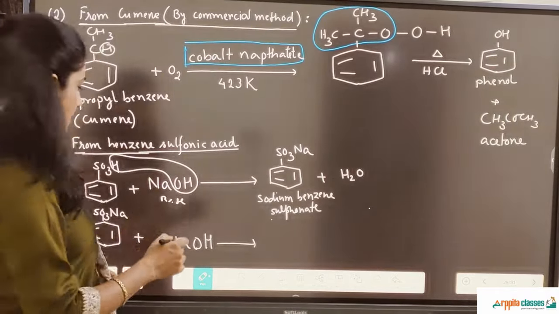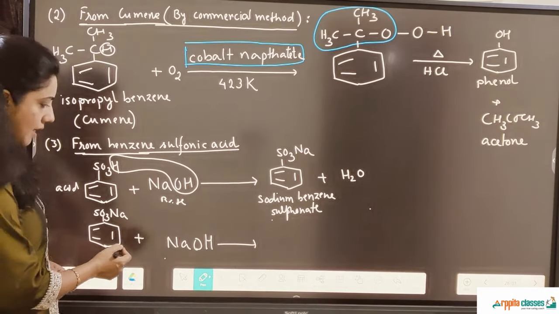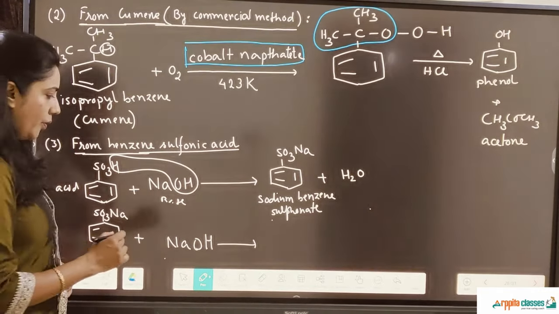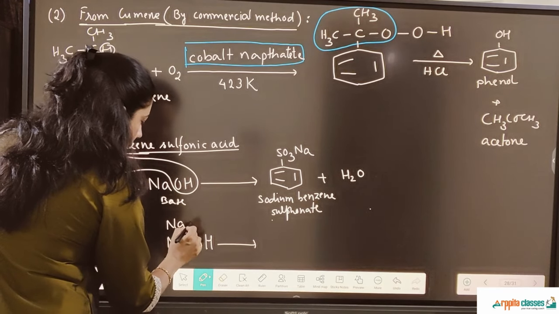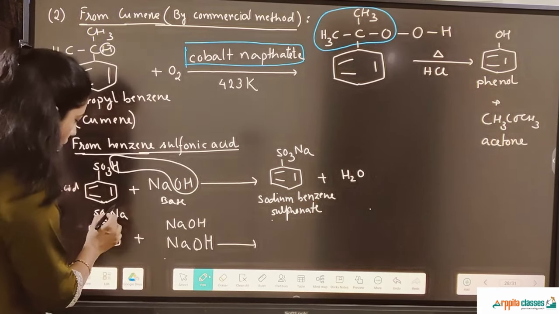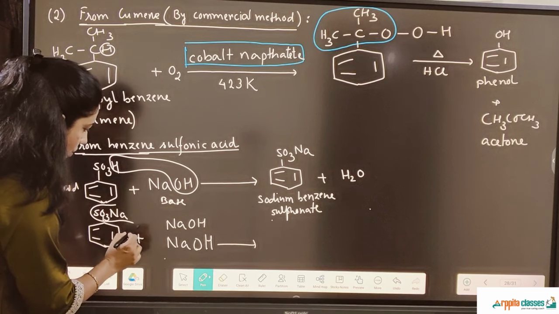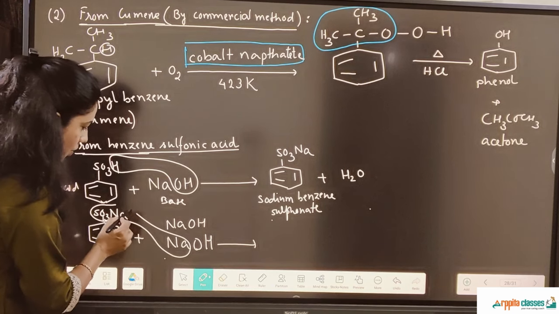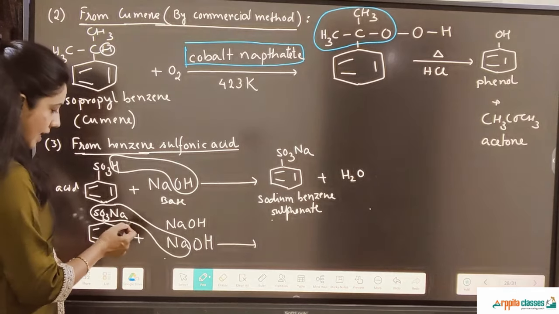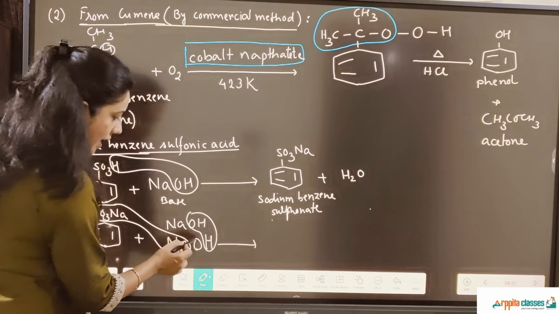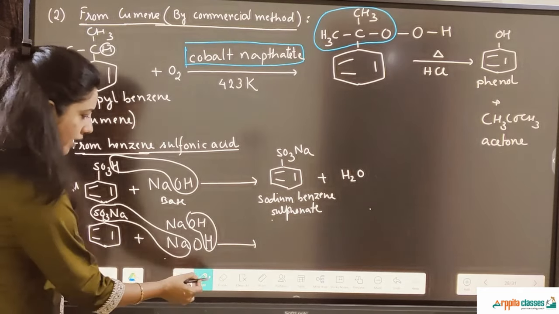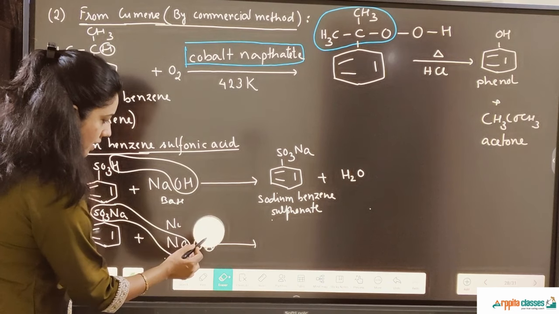Now this sodium benzene sulfonate we are taking in the second step, and we are treating that with NaOH. So consider here 2 moles of NaOH. So what happens is 1 mole of NaOH will come out as Na2SO3 like this. 1 mole of water will come out, and this ONa, I will just show you like this.